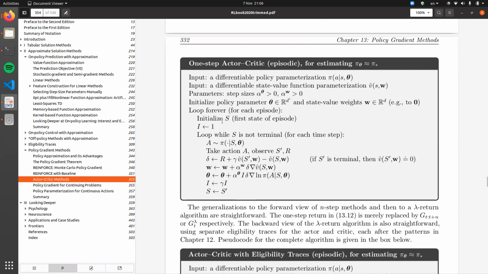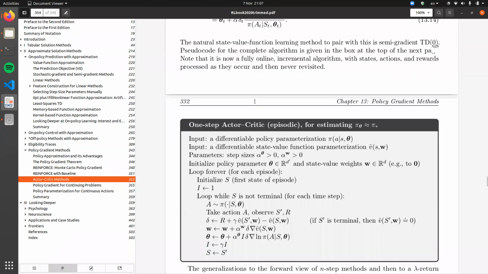And that allows us to combine bootstrapping and the policy gradient. As you remember, bootstrapping does reduce the variance even further and speeds up early learning, but it also can introduce some bias.